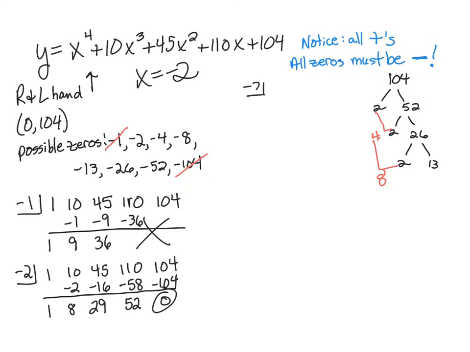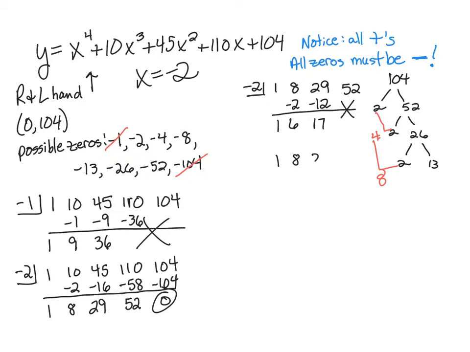Okay, -2 in the box. Never, ever, ever go back to the original numbers. You don't want to solve the same problem more than once. You pulled off a factor right here, so you want to use these values. Pull it down, multiply, add, gets 17. Multiply 17 by 2, and I don't get 52.